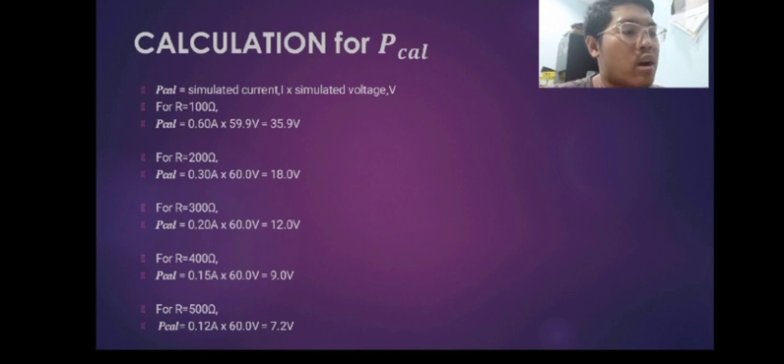For R equal to 200 ohm, P calculated is 18 watt. For R equal to 300 ohm, P calculated is 12 watt. For R equal to 400 ohm, P calculated is 9 watt. For R equal to 500 ohm, P calculated is 7.2 watt.